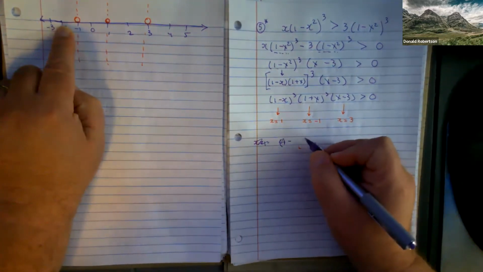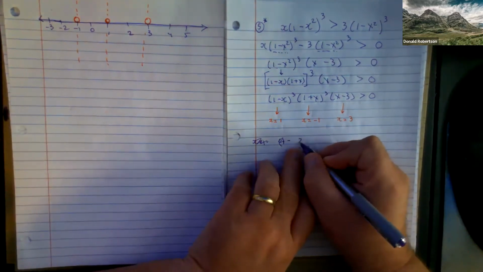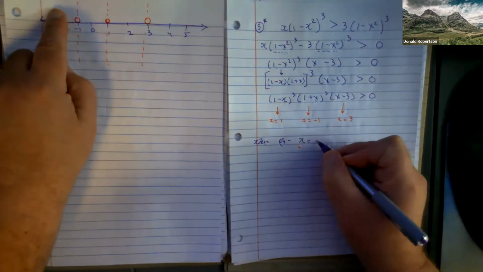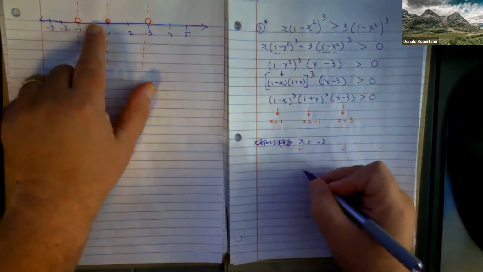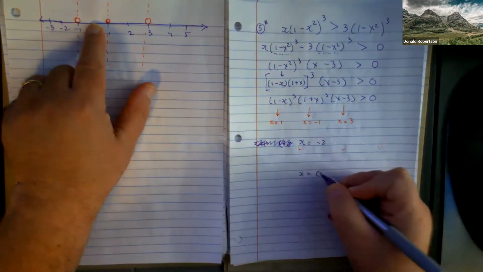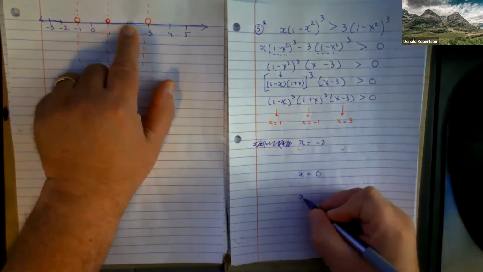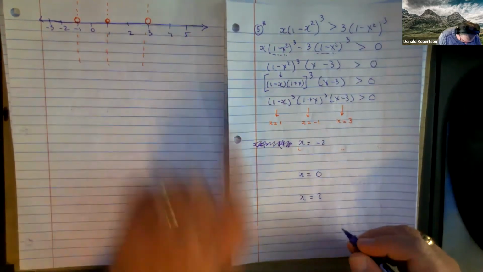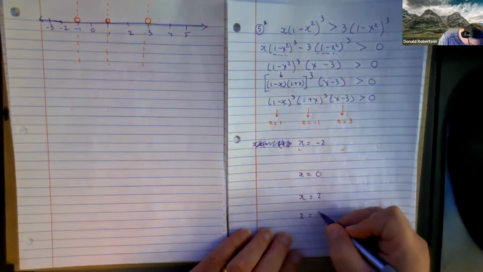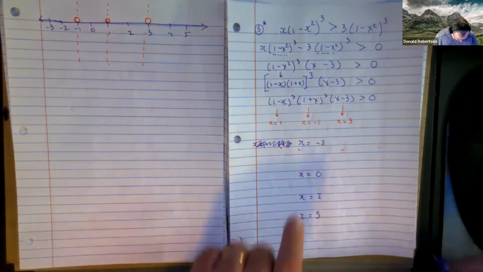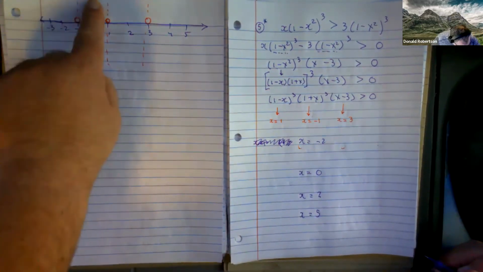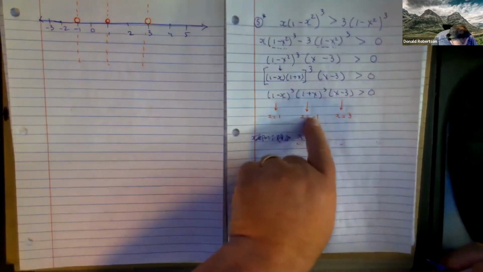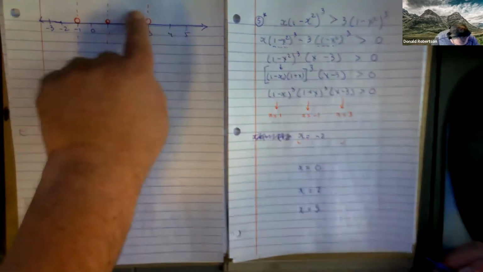So my test points are actually going to be x = −2. That's fair. In this region, I'm going to put x = 0. In this third region, I'm going to pick x = 2. And in that last region, I don't know, 5. So these are our test points, right? Our test points come from one of these 4 regions, not from these numbers, but from one of the 4 regions.